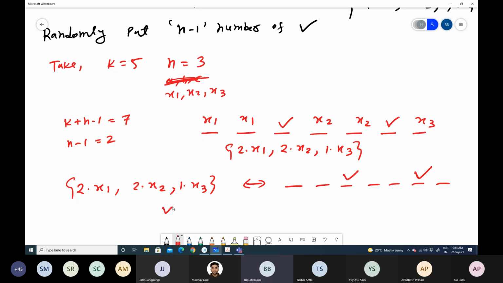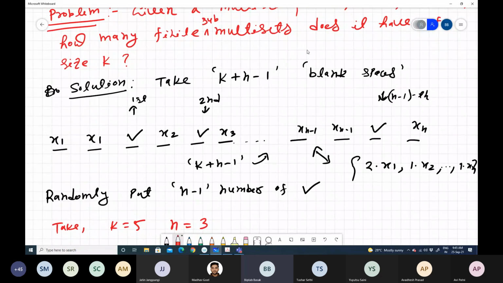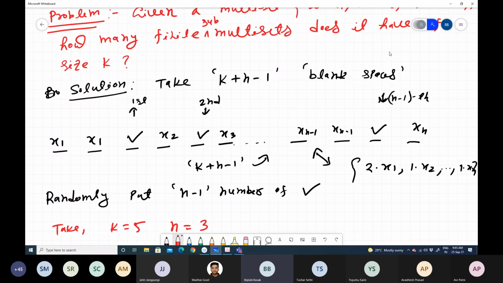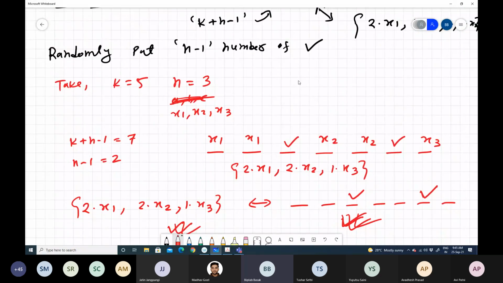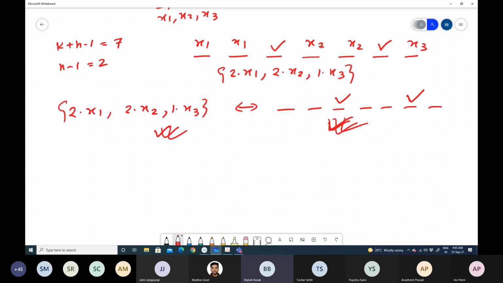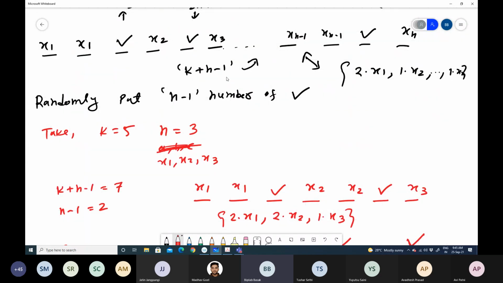If you have this, you can find this, or if you have this one first, then you can easily see this one. So these are if and only if. Therefore, if I ask you to find the number of sub-multisets of size k, you just take n plus k minus 1 number of blank spaces and randomly put n minus 1 number of checks.